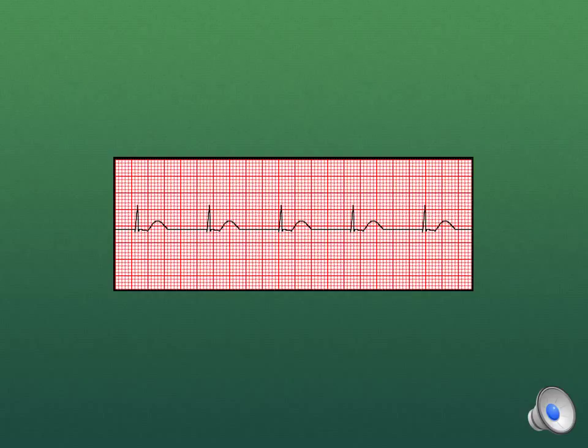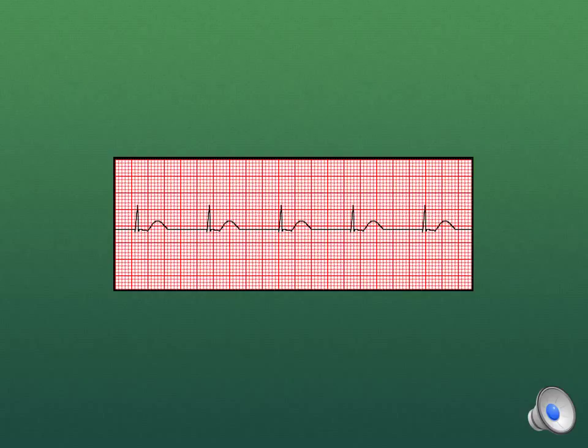So our first example here looks like our rate is 300, 150, 100, about 68 beats a minute. 64 beats a minute or so. We have narrow QRS complexes. Is it regular? It looks regular to me.